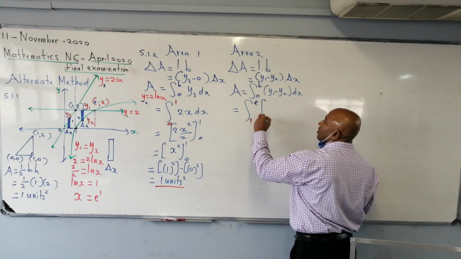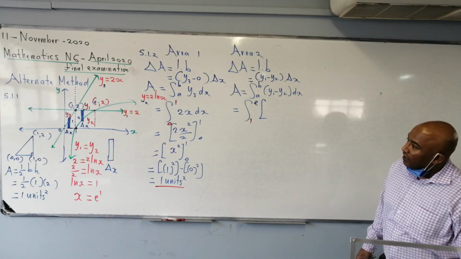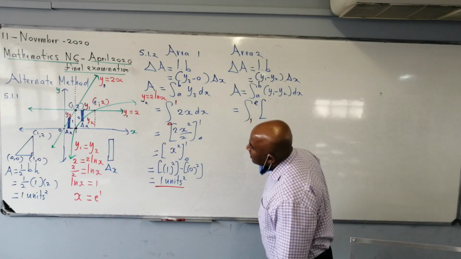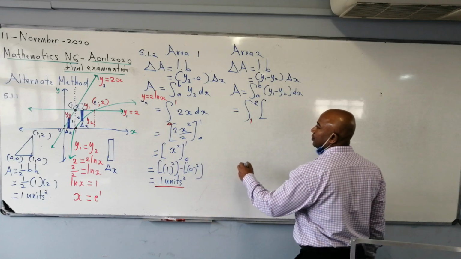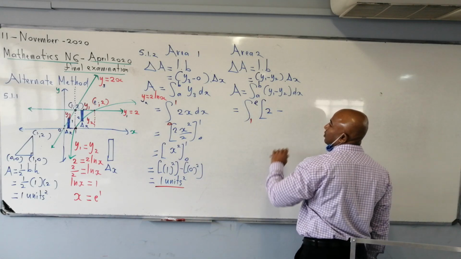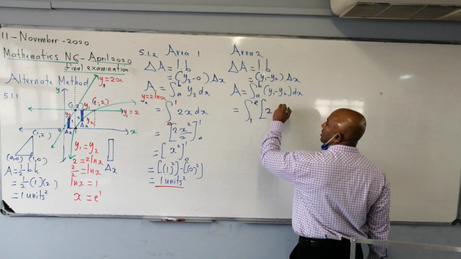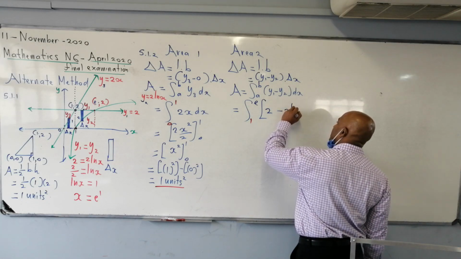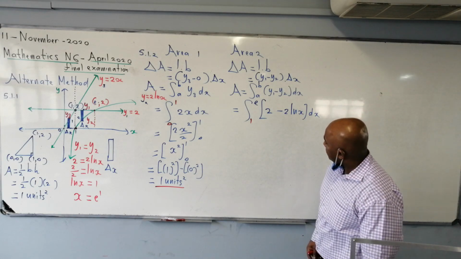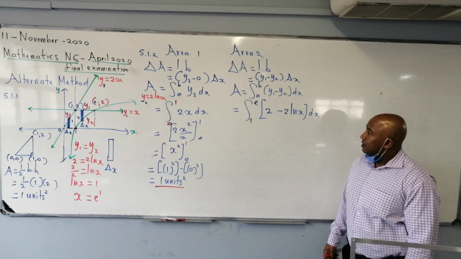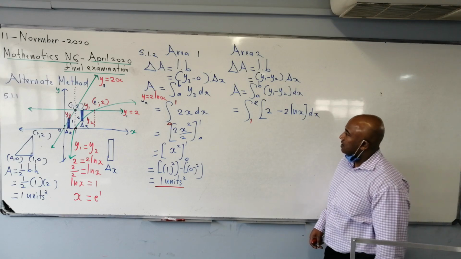What is y1 in terms of x? Where did I label y1? Now y1 is 2 minus y2, which is 2 ln x. Okay, so now we can integrate this.